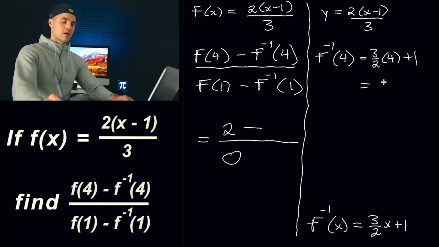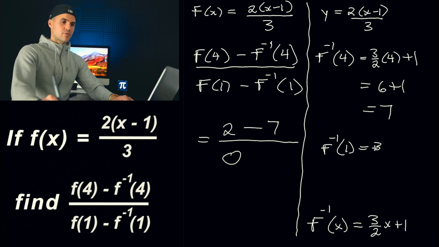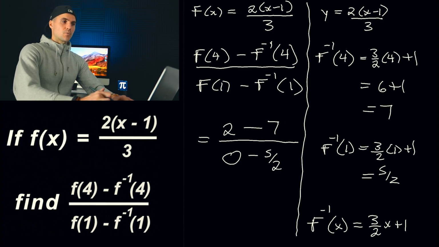So this would be 6 plus 1, which is 7. So f inverse of 4 is 7. And then f inverse of 1 is going to be 3 over 2 times 1 plus 1, and that's going to give us 5 over 2. So it's going to be minus 5 over 2. All right, so that's one way to get these inverse values.